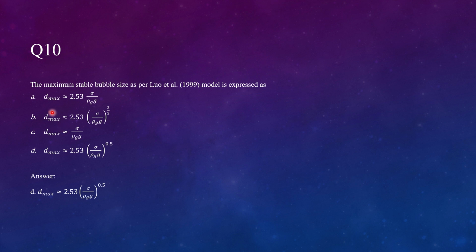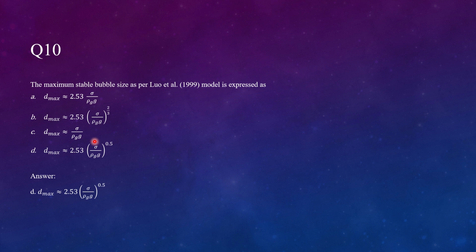Things to be noted here is that in all these options we have 2.53 except one, where the power is not present, and here it is 2 by 3, and here it is 1 by 2, or square root of this.